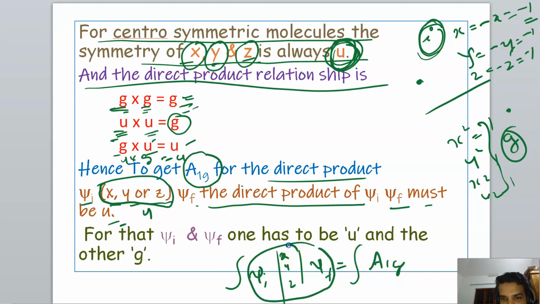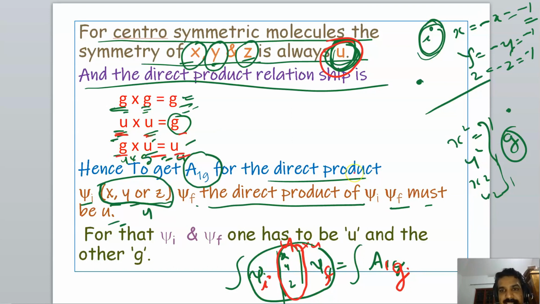The symmetry of x, y or z is u, so to get A1g, the direct product of psi I and psi F should be u. Then only u into u is equal to g. We know that u into u is g, but g into u is u.